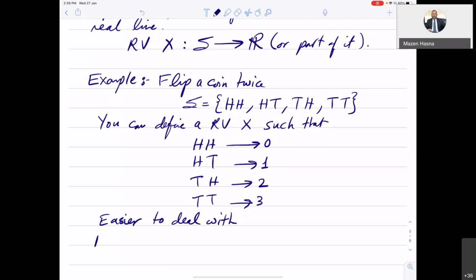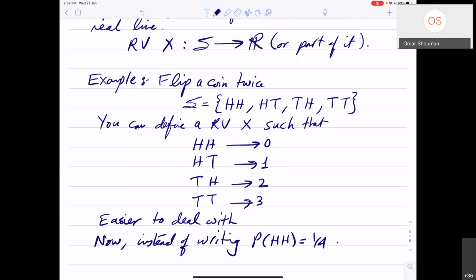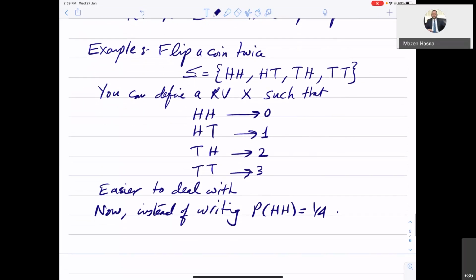So now, instead of writing the probability of head-head, what's the probability of head-head? 0.25, which is 1/4. Instead of writing that, you write the probability that X equals 0 is 1/4.